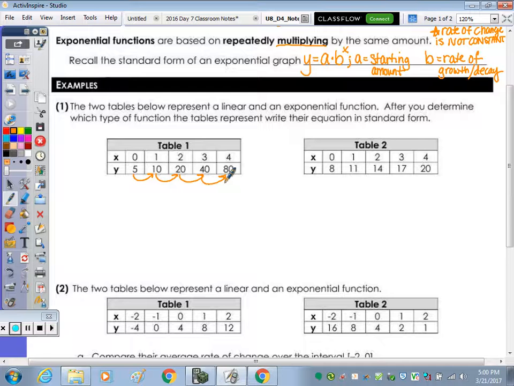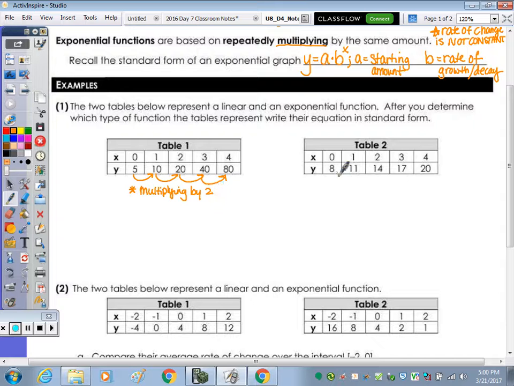So here, we're multiplying by 2 each time from one value to the next. Instead of writing the dot 2, I'm just going to make note that we're multiplying our y values by 2.